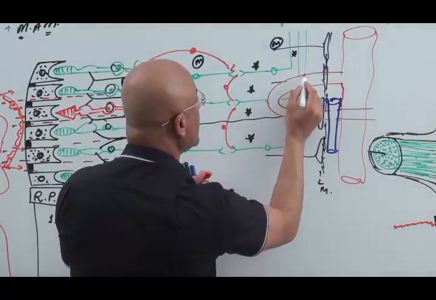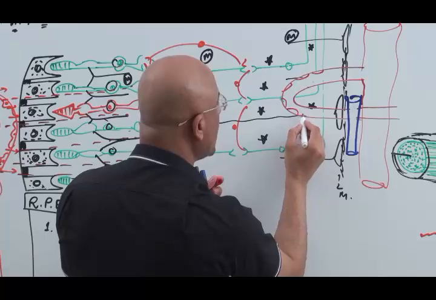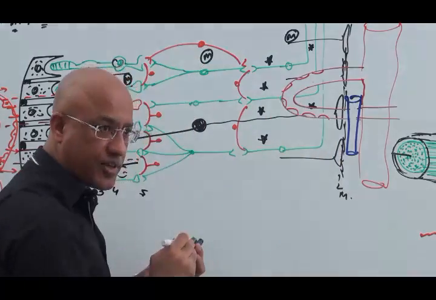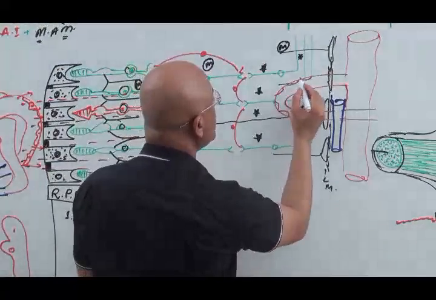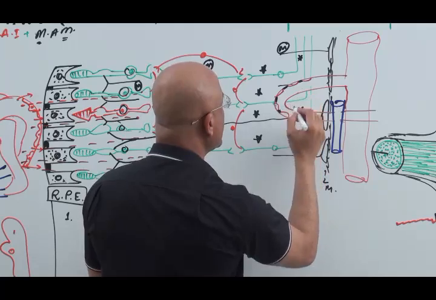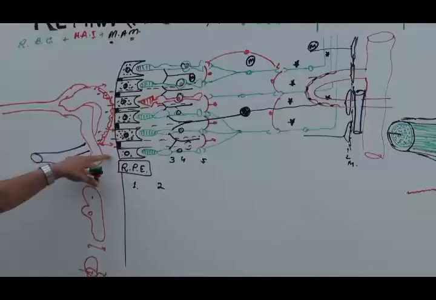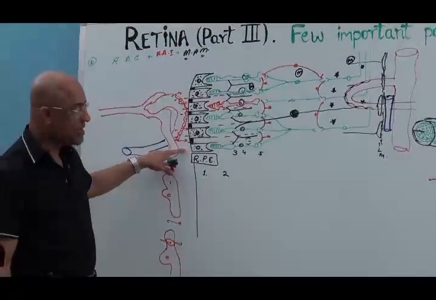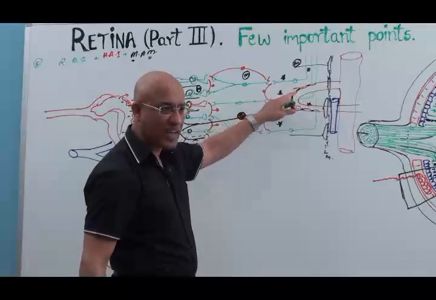endothelial cells. Look here, these are endothelial cells, right? Number one, these endothelial cells are not fenestrated. The endothelial lining is not fenestrated. Secondly, these endothelial cells have tight junctions. So the tight junctions which were present in the retinal pigment epithelium are here present in between endothelial cells.